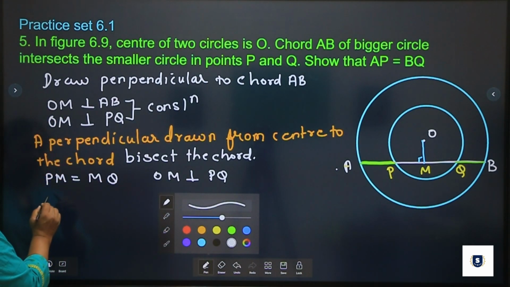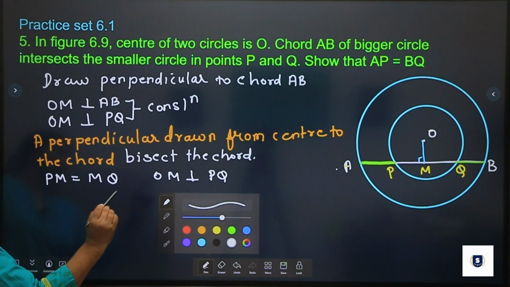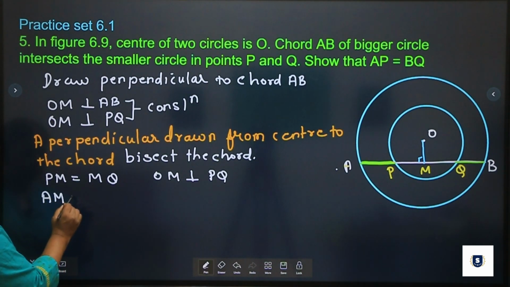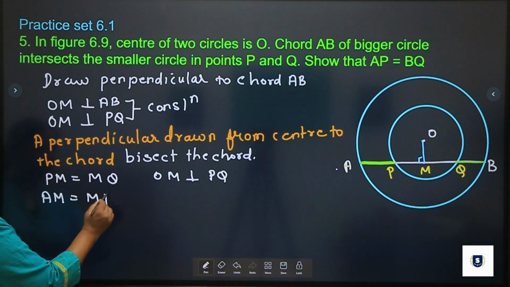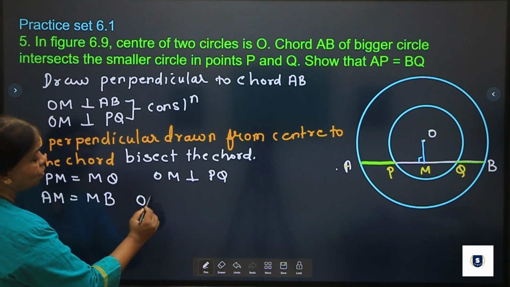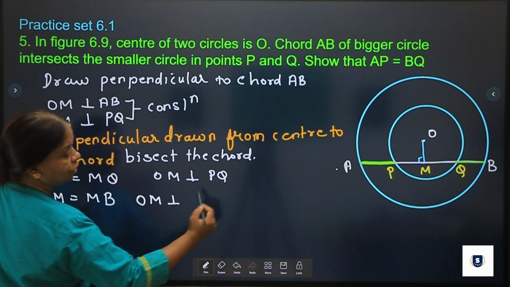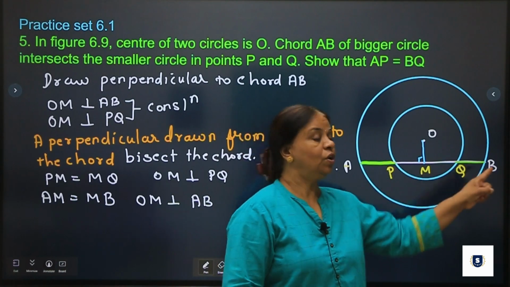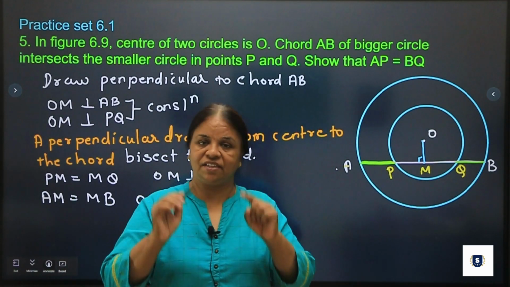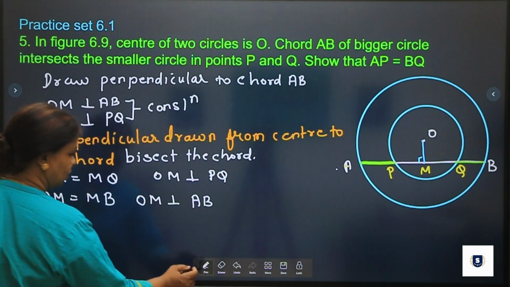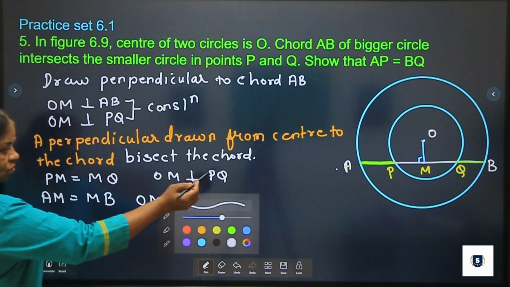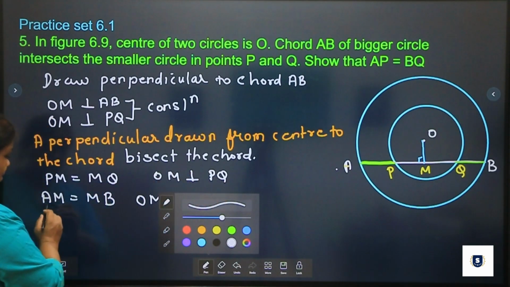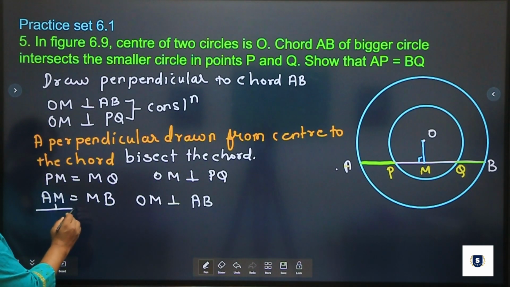Next case, AM is equal to MB. Why? Because OM is perpendicular to AB. And how did we get OM perpendicular to AB? Because we have done the construction. So now children, what I will do, if AM is equal to MB, can I write this like this?